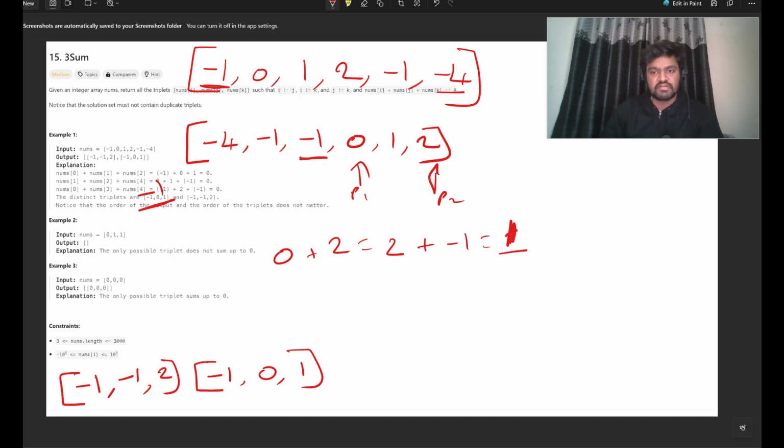So it is not 0, right? So we need to reduce the number, so p2 should go one step backward. When it goes, 0 plus 1, so the answer would be 1, and the static value is minus 1. When you add it, the answer would be 0. So you got an answer, correct? So just write it: minus 1, and p1 points to 0, p2 points to 1.